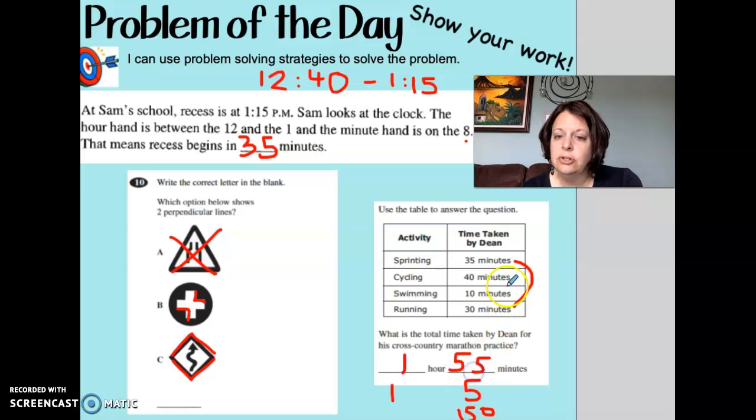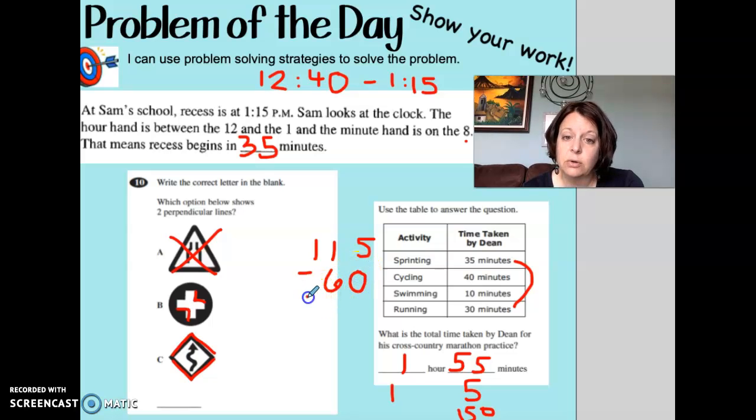Okay, another way I could do it is just add these all together. So 5 in the one spot. There's 5 in the one spot, right? Then 3 plus 4, that's 7, 8, 9, 10, 11. Okay, so I got 115 minutes. And then I'd need to see how many 60s are in there, because that equals an hour. So I'd subtract 60, right?